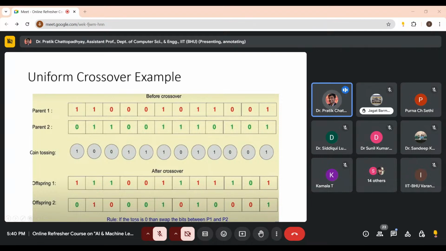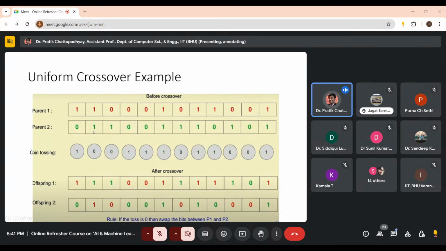So let's say the rule is if the toss is 0, then swap the bits between P1 and P2. When we toss the coin for the first bit, the outcome is 1, so we will not swap the bits. Offspring 1 and offspring 2 have the same bit as parent 1 and parent 2. If it is 0, then we swap the bits.